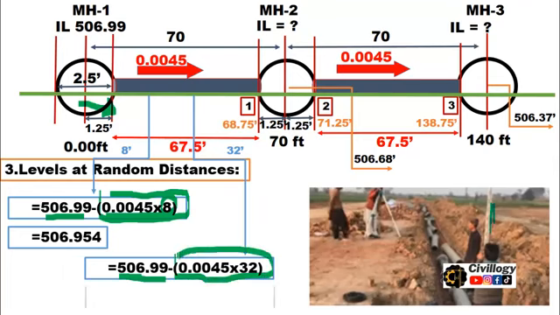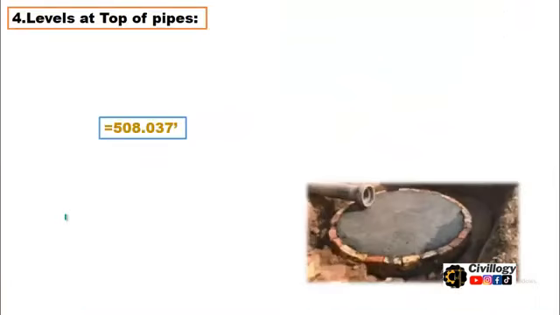You will get the level at 32 feet, which is 506.846. Similarly, you can calculate for as many distances as you want. So this is the simple formula: the product of slope and distance should be subtracted from the previous known level. I hope you are getting my point.